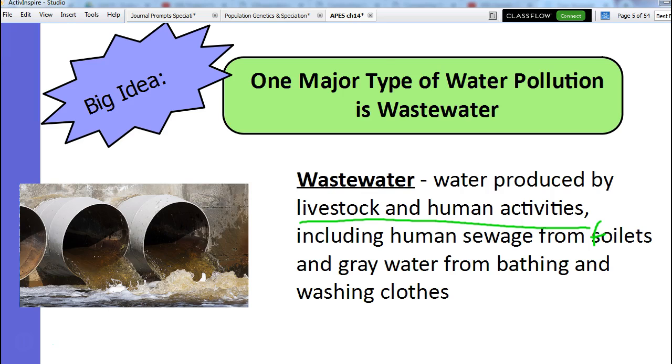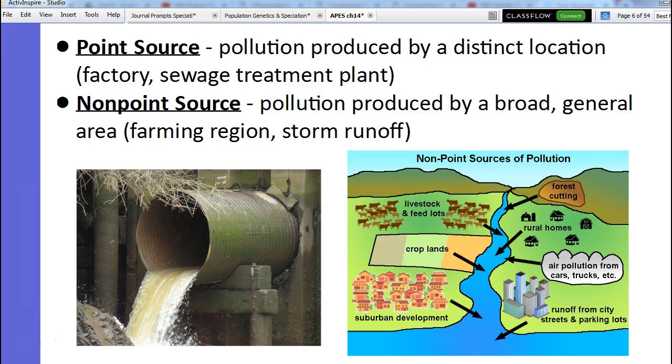This includes all wastewater. We have something called a point source and a non-point source. A point source is something you can point at and say, hey, the pollution's coming from here. It's one specific thing, like a factory or a water treatment plant. You can trace it because you know there's specific chemicals that come from that specific location.